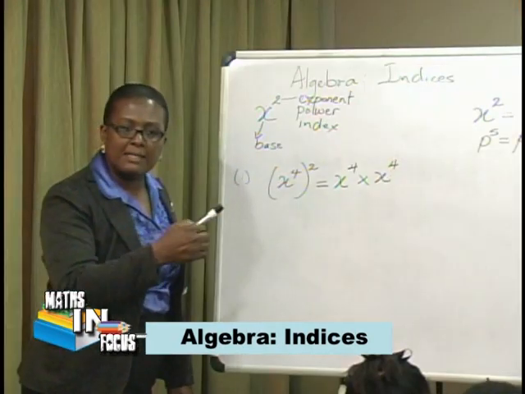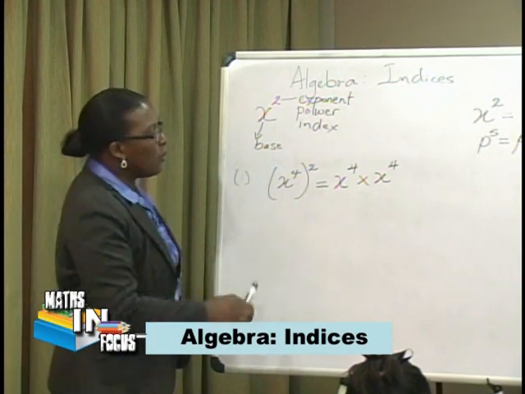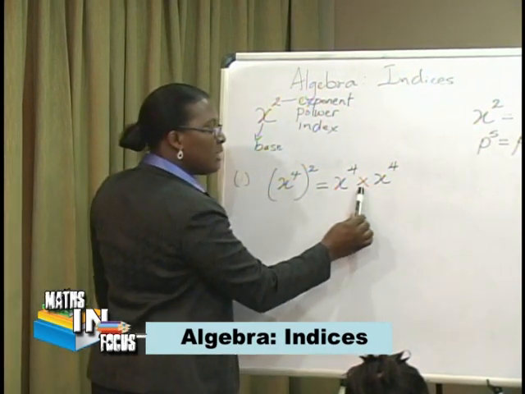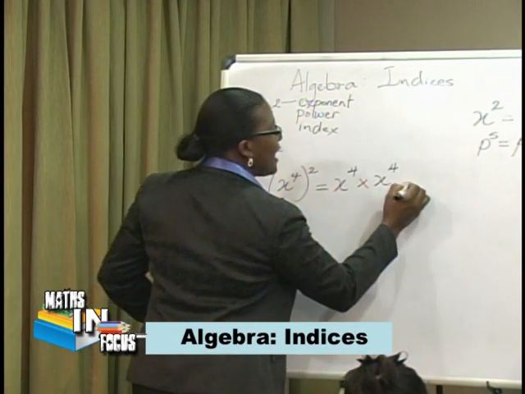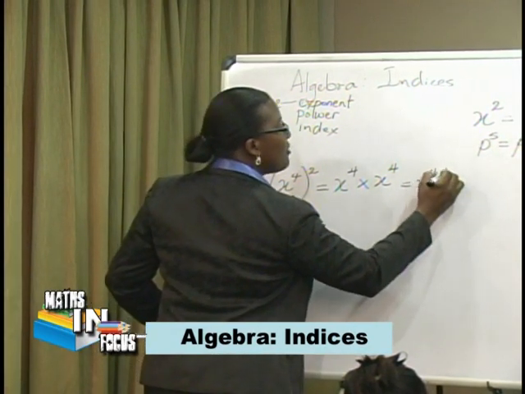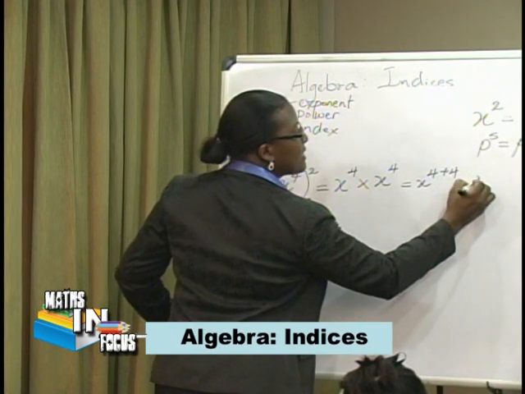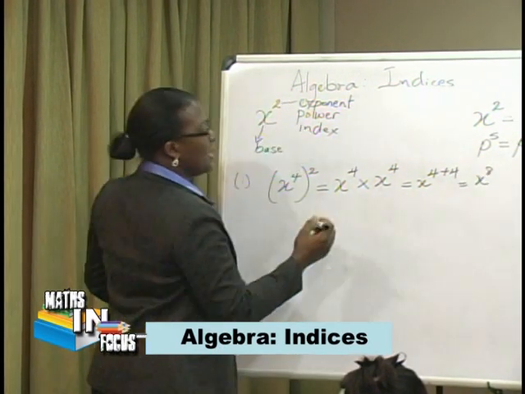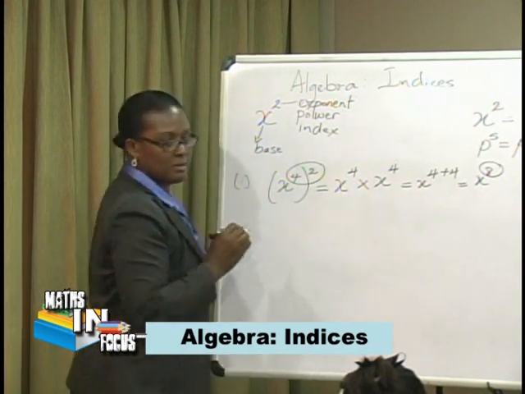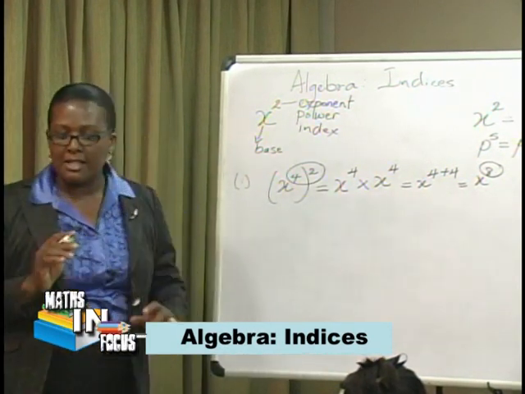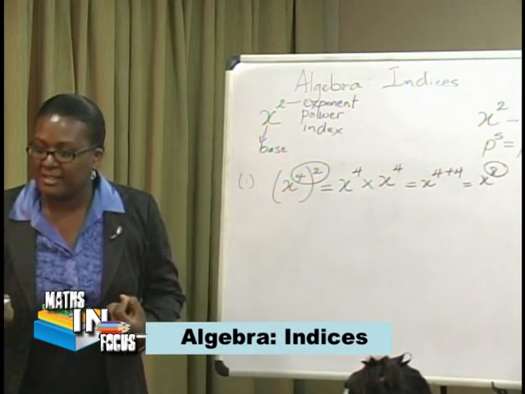Now remember the last little rule we came up with? That when the bases are the same and we're multiplying, what do we do with the powers? We add. So we have X to the 4 plus 4, and we end up with X to the 8. Now I want you to look at the 8 and look at this 4 and this 2. See any similarity? Any idea comes to your mind?